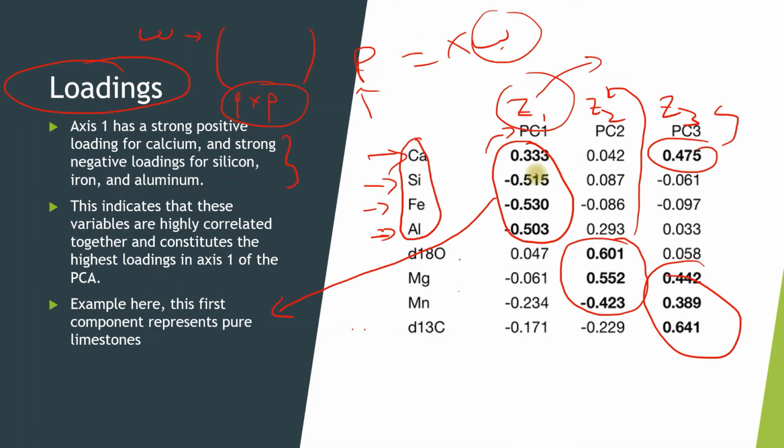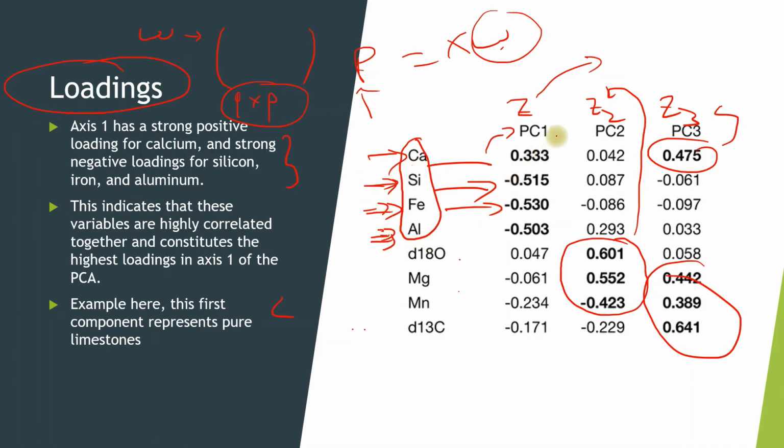Even myself, I don't know much about chemistry, but I'm just trying to show you that these variables could represent something. When they are loaded on a variable, we call that loadings, and the variables calcium, silicon, iron, and aluminium have high loadings on PC1, that is on the first principal component.